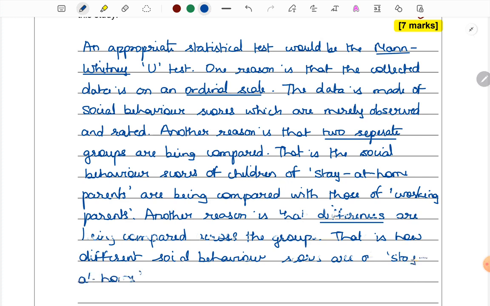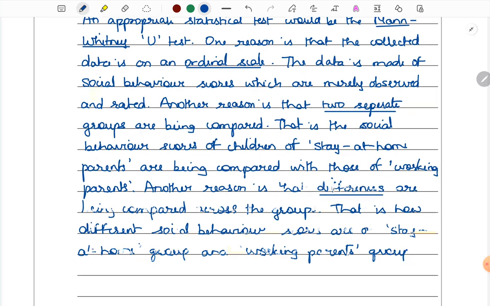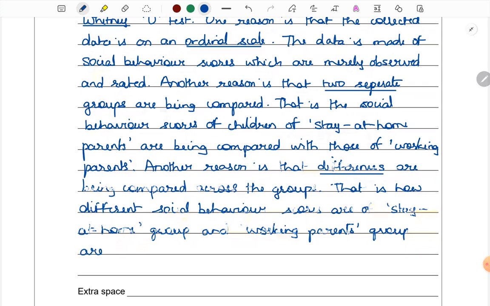Because I've named it before, I can just call it stay at home group, and working parents group are being compared. If I want, I can add that line for more clarity. This is optional.